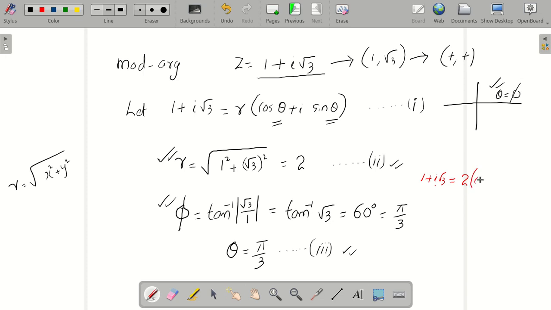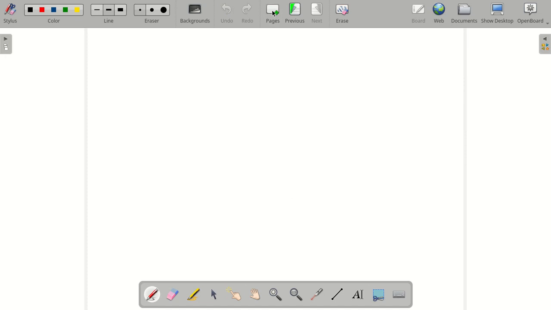And what's the value of theta? 2 into cos pi by 3 plus i sine pi by 3. So this is our modulus argument form or modulus amplitude form or the polar form. Okay, let's try one more numerical. So please write the question, the second question.